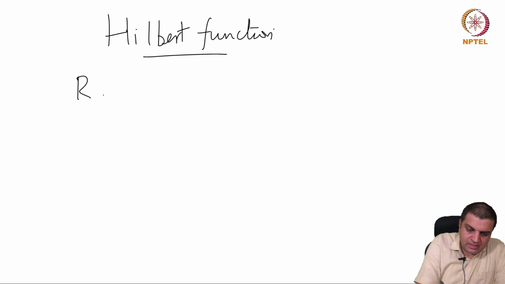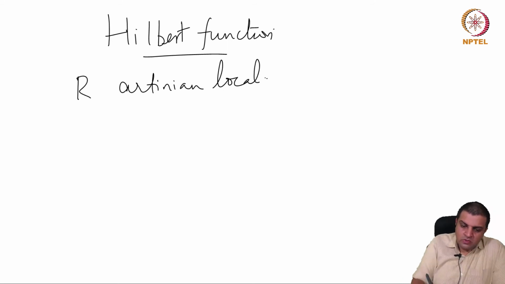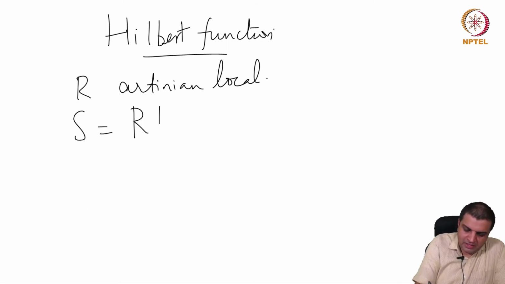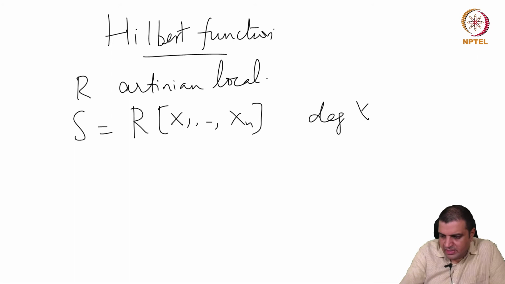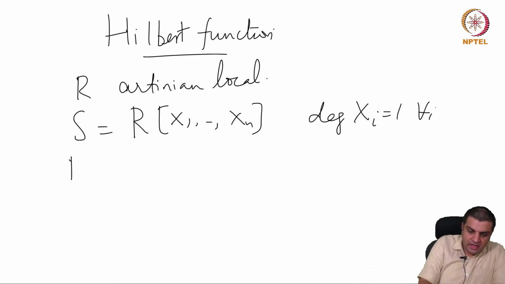R is an Artinian local ring, S is a polynomial ring over R in n variables and graded with degree of x_i equals 1 for all i, and M is a finitely generated graded R module.